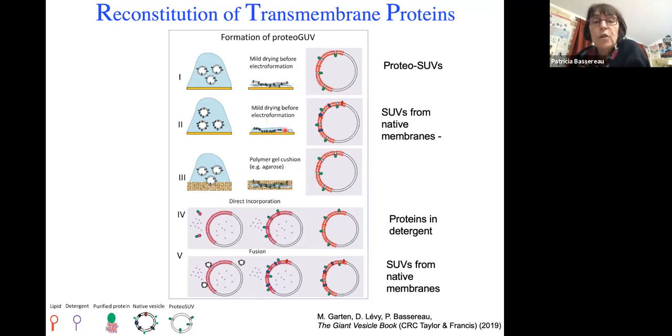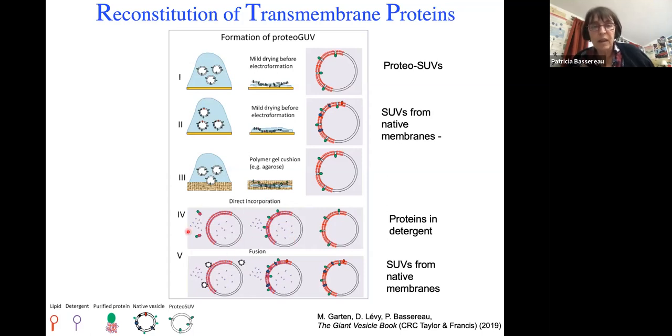And instead of reconstituted proteins, you can also use native membrane, purify the native plasma membrane and grow giant liposomes from that. Another technique which is also very promising, because it helps to keep the directionality of the proteins, is direct incorporation.